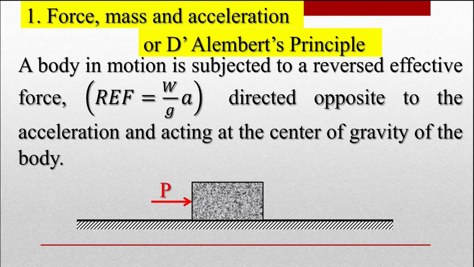Since the acceleration is on the right side, because we're trying to push or move the body because of that force P, then there is an acceleration, and the acceleration would always be in the same direction as the motion. So REF is now opposite in the direction of the acceleration. It's always acting at the center of gravity.